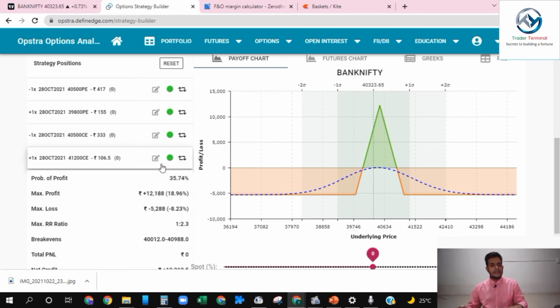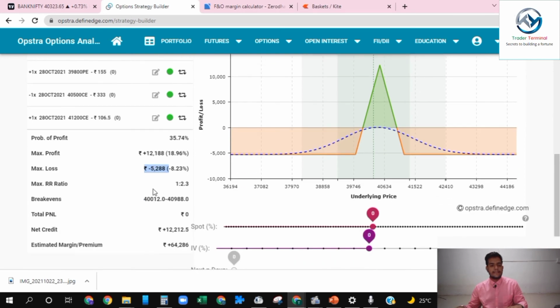First of all, as I told in the first slide, it is a 1:2 risk to reward strategy. So here you can see, if we take this trade, our max profit will be around 12,000 and our max loss will be around 5,300. All right. What are the break evens? Break evens will be 40,000 and 41,000.